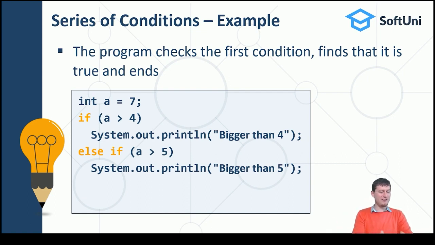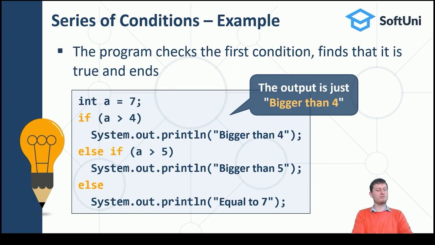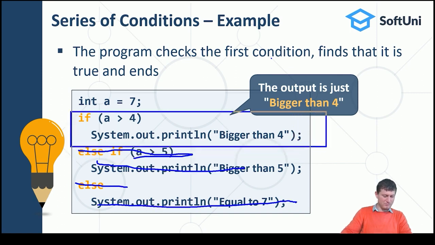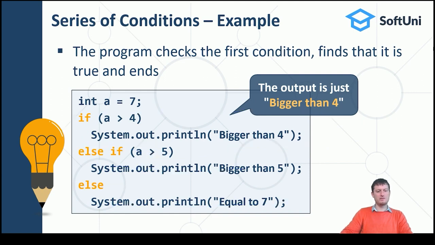Otherwise, if a is bigger than 5, it prints bigger than 5. Otherwise, it will print it's equal to 7. So here, the output is just bigger than 4, and this and this will never happen because this is true and this is executed.